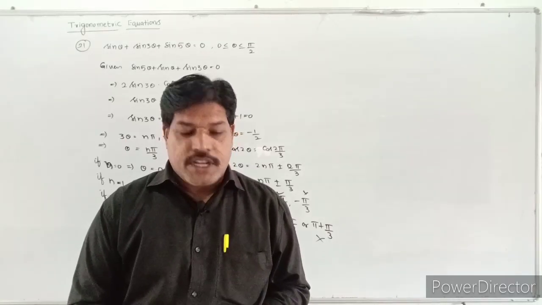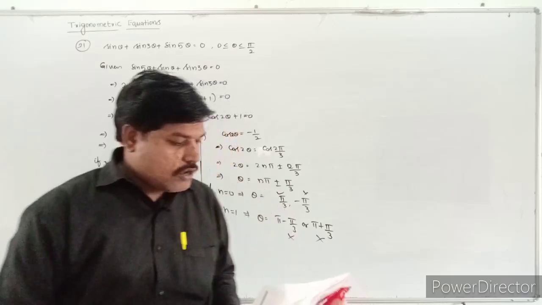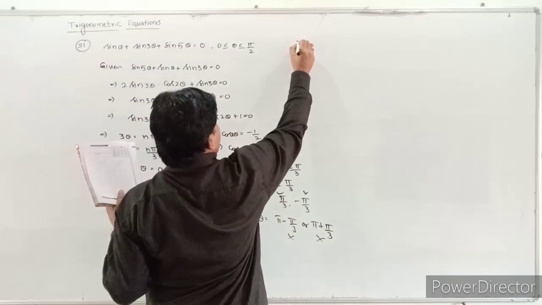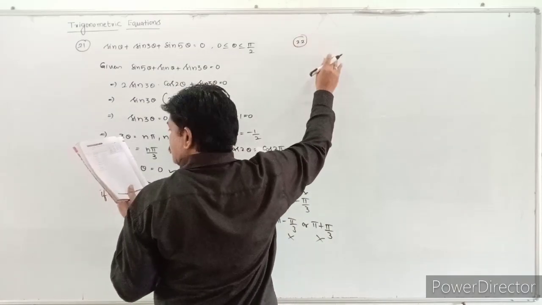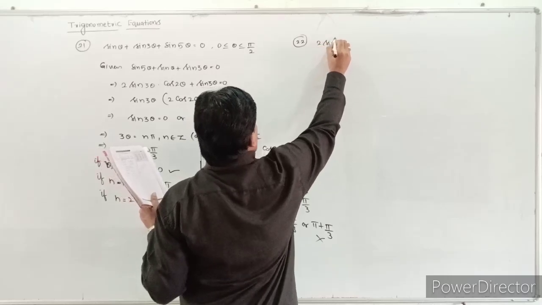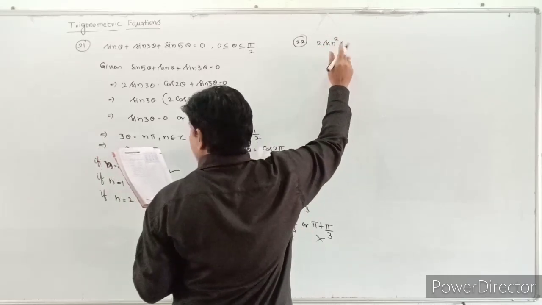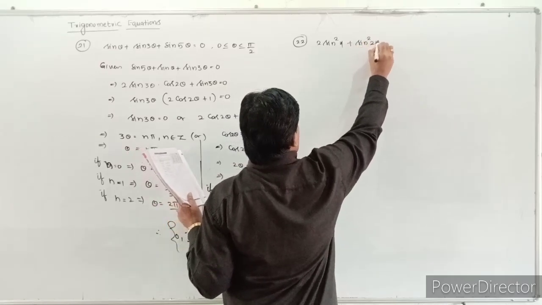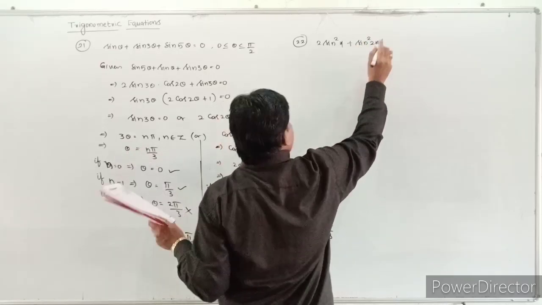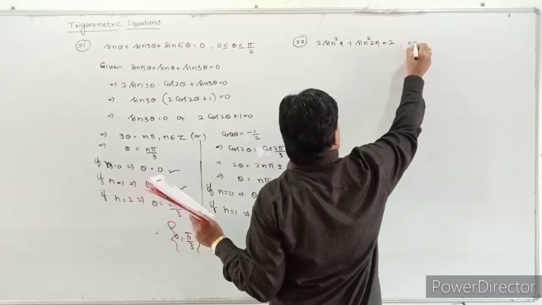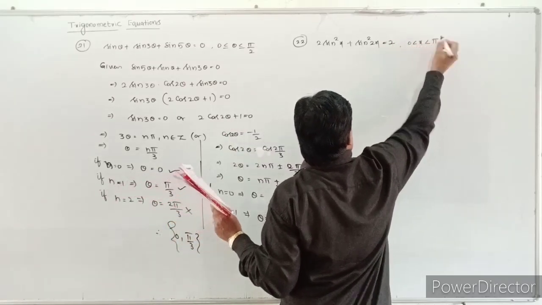See the next question, question number 22. What is question number 22? 2 sine square x plus sine square 2x is equal to 2, and the interval is 0 less than x less than pi.